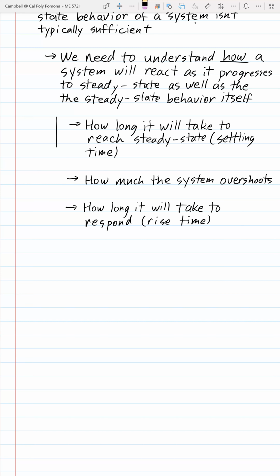And so these are generally the main behaviors that we are interested in when we are discussing, let's say it that way, the transient response of the system.